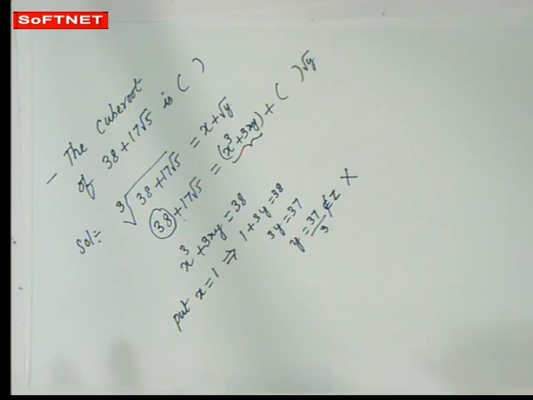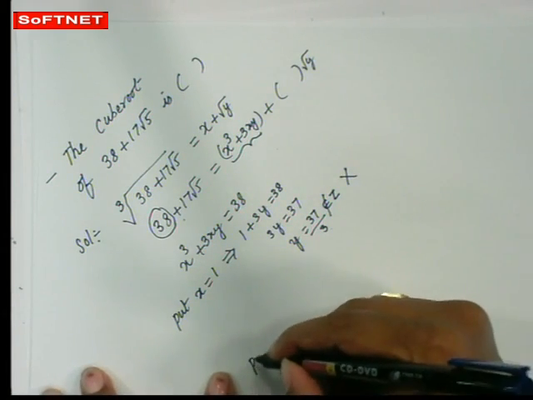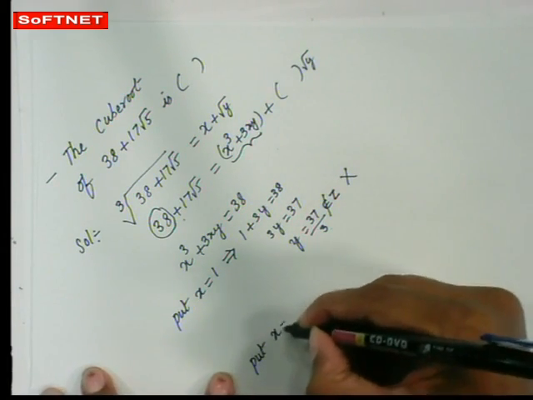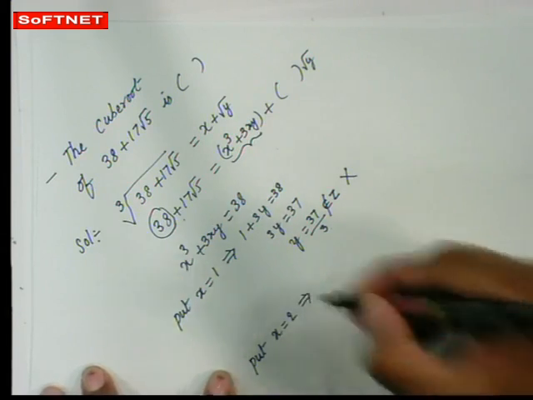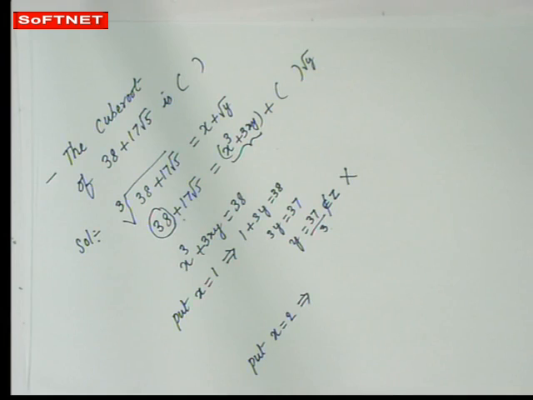So now this time, after 1, put x is equal to 2. Let us try. Put x is equal to 2. But carefully, here x cube is there. So 2 cube. What is 2 cube? 2 into 2 into 2, 8.